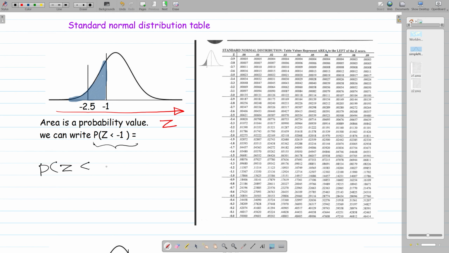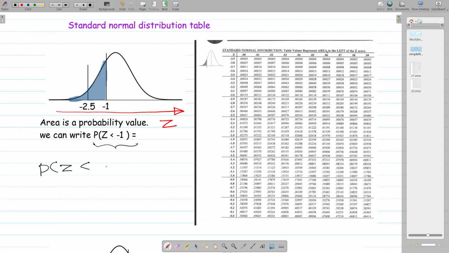So this area is 0.15866. Now minus 2.5, how can we write down that probability? Z being less than -2.5. That is the area of this one. Now we should go to the table, -2.5.